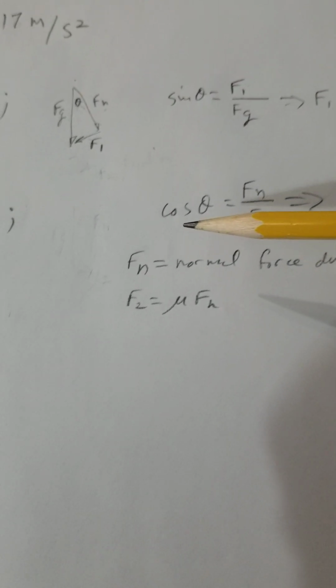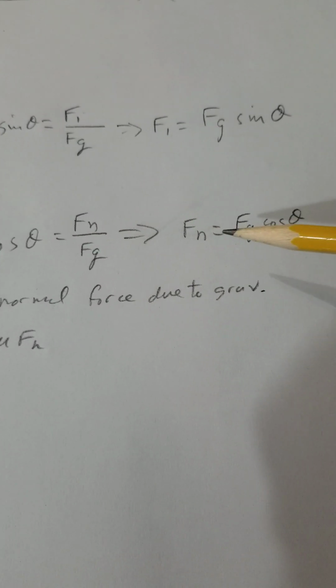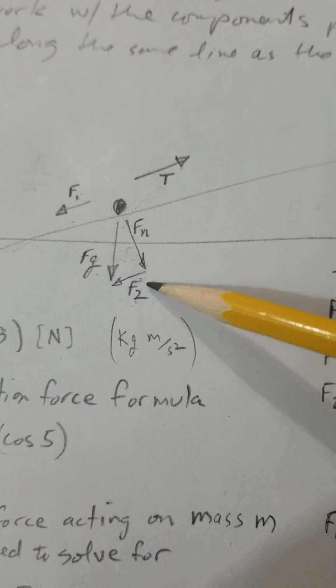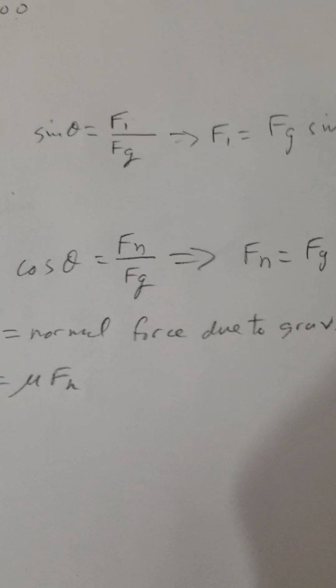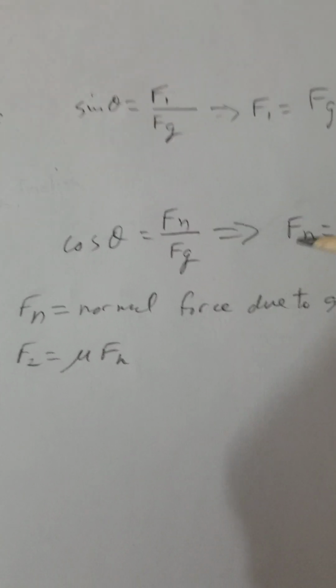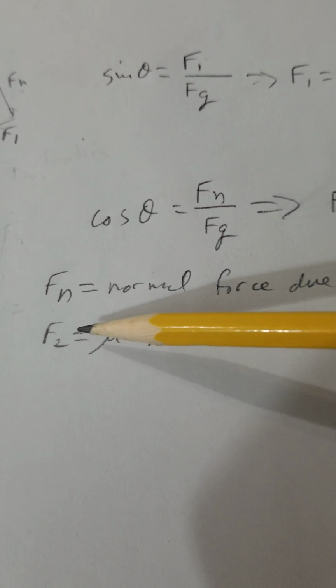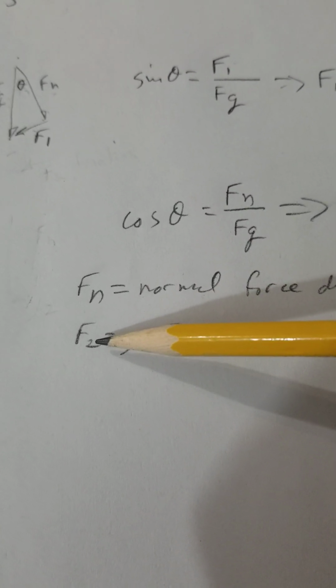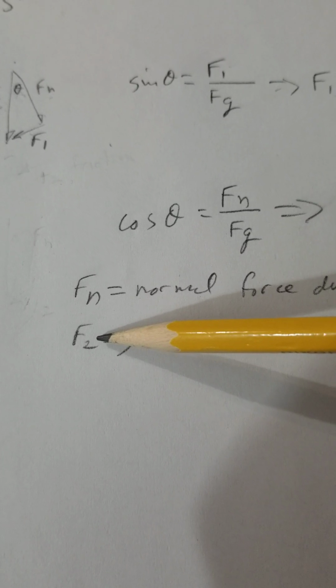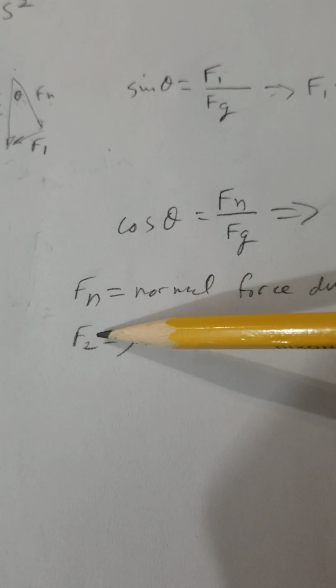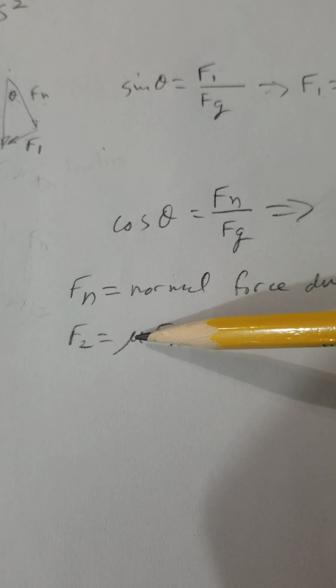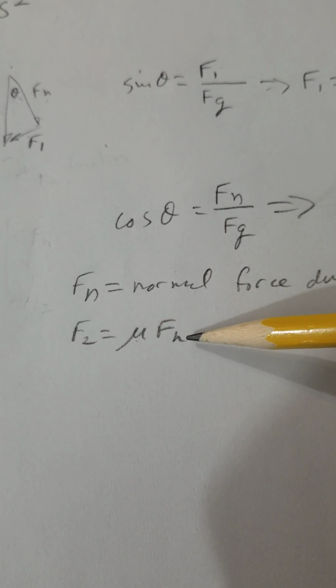And then I have to know the given formula for the frictional force, which is the downhill force F2 along the path of motion. It is just equal to mu times Fn.